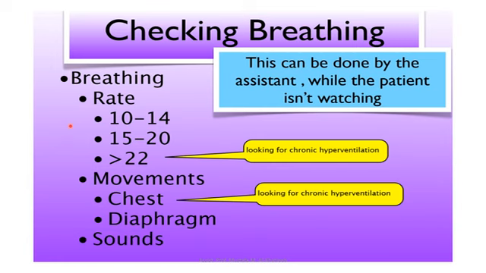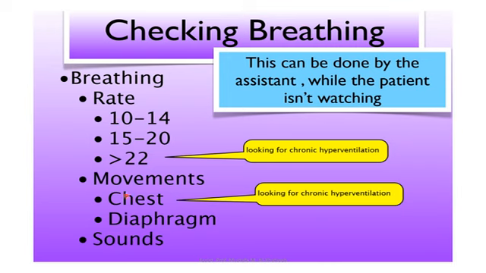Also checking the breathing. This can be done by an assistant while the patient isn't watching. Normally, the normal breathing rate is 15 to 20, and it will be greater than 22 for chronic hyperventilation, while 10 to 14 for hypoventilation.